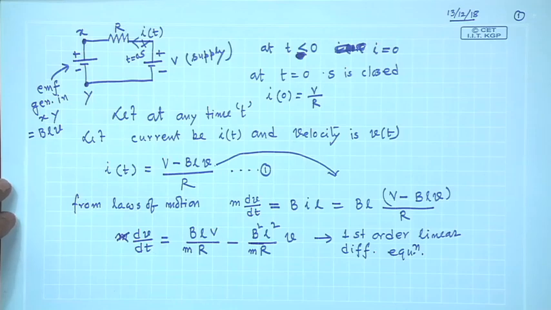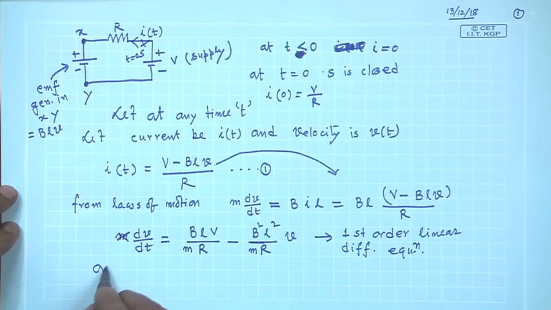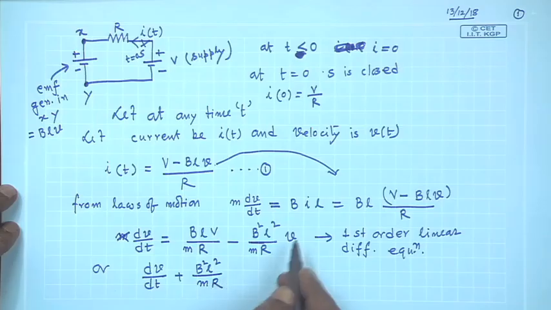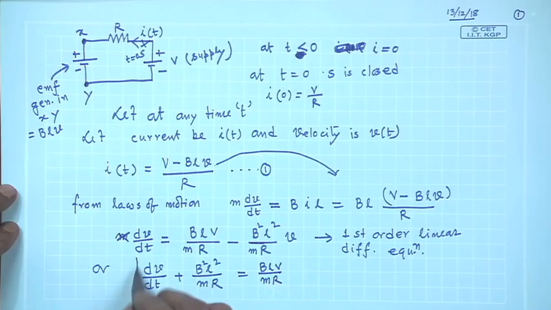So, how to solve it? I will write it this way: dv/dt plus B square L square by m R times v is equal to B L V by m R. This is the equation.